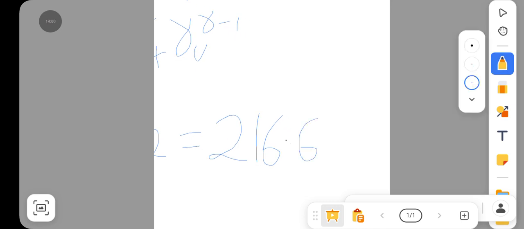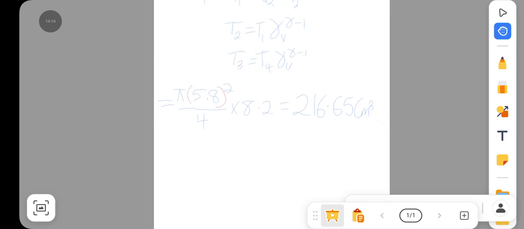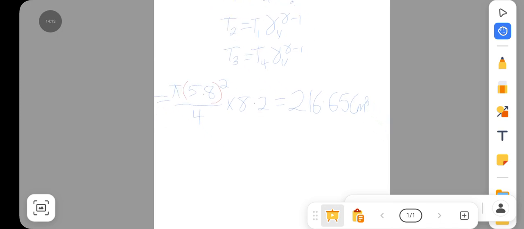So this is going to be our value for our swept volume, 216.65 centimeter cube.